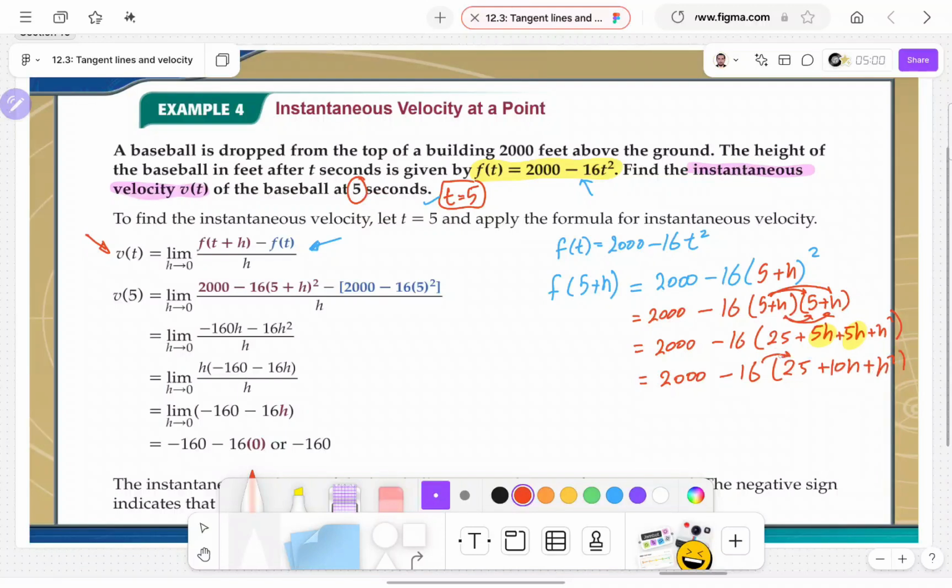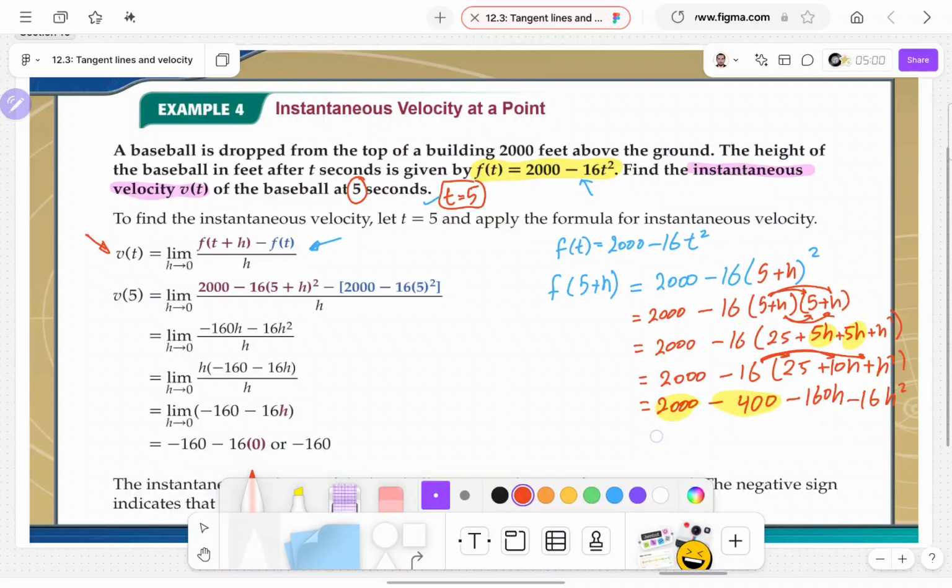Now let's distribute the 16 to every term. So 2000 minus 16 times 25, which is 400, then minus 16 times 10h, which is 160h, and 16 times h squared, negative 16h squared. Do I have like terms? Yes, the 2000 and negative 400.